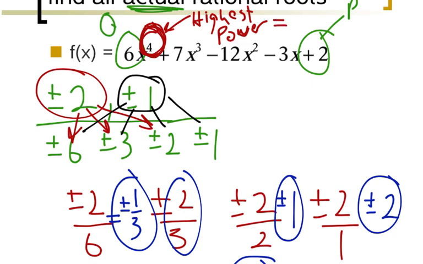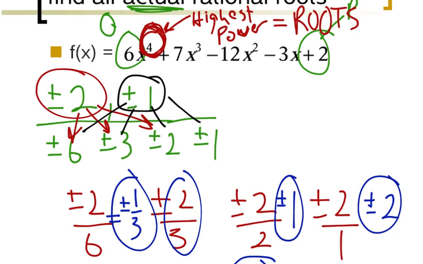So that equals how many roots. Now, that doesn't mean that they're all going to be real. It also includes imaginary roots. So you might have 2 real ones, 2 imaginary. You might have 4 imaginary ones. But most likely you're going to have some real ones. Okay? So the highest power tells you how many roots you will have.